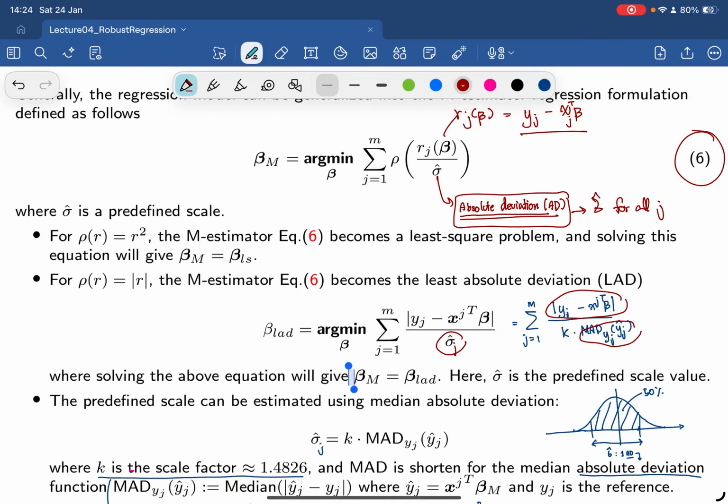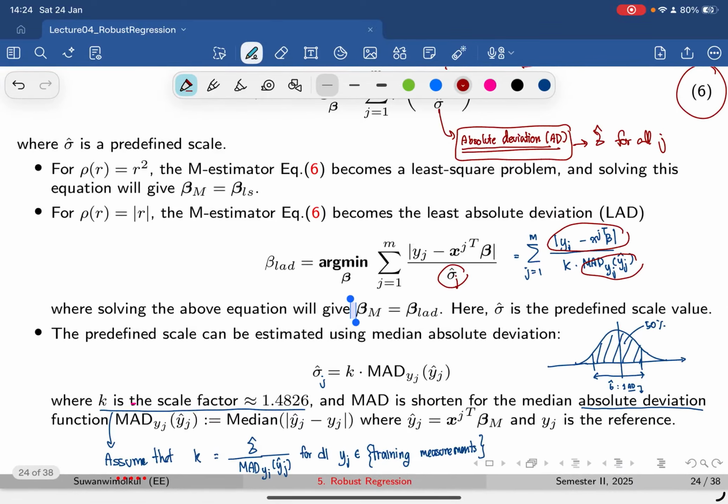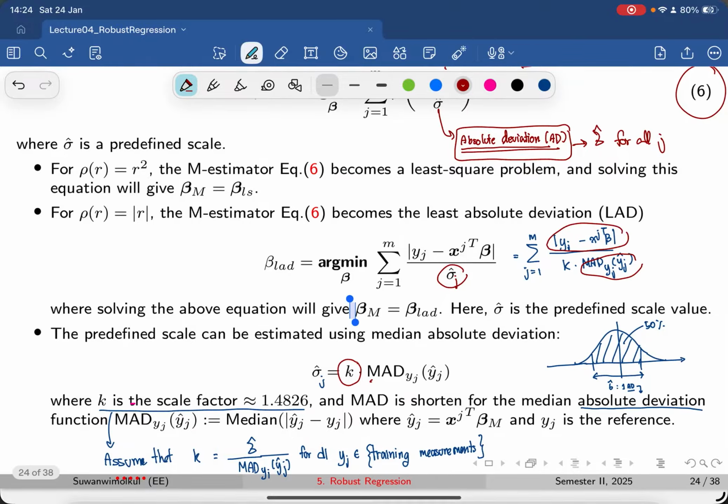That is because we are defining our sigma j to be k times the median absolute deviation. And that's why this term could depend on the y j that you get, y hat j.